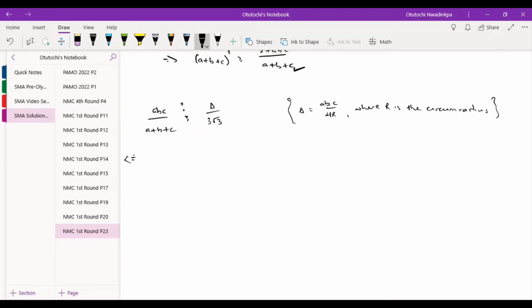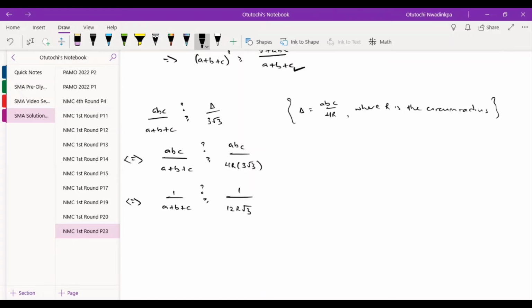So this is true if and only if abc over (a+b+c) is greater than or equal to abc over 4R times 3 root 3. And of course, this is true if and only if 1 over (a+b+c) is greater than or equal to 1 over 12R root 3.